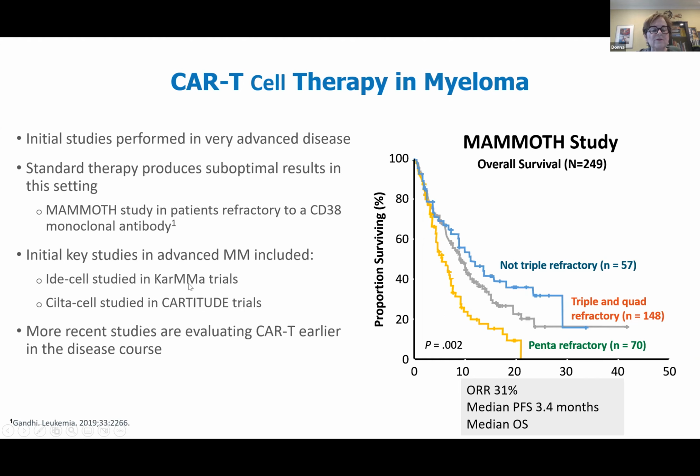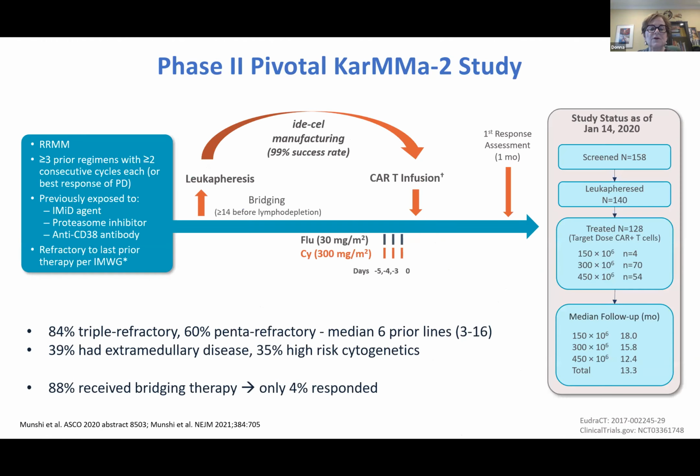And these are the KarMMa trials for the ide-cel product and CARTITUDE trials for the cilta-cel. And of course, the usual drug development pathway is to study a treatment in very advanced disease. If it works there and the kinks are worked out, if you will, on the preferable dose and way to give it, then it will be moved up earlier in the disease course.